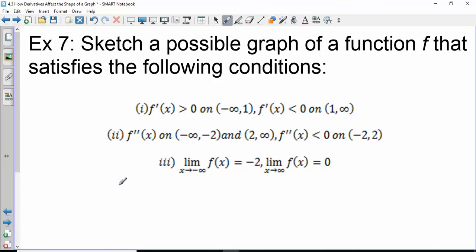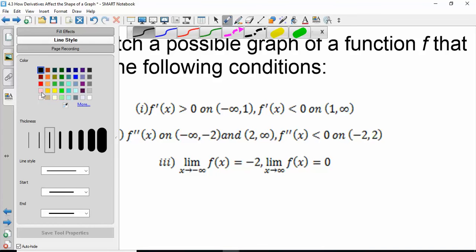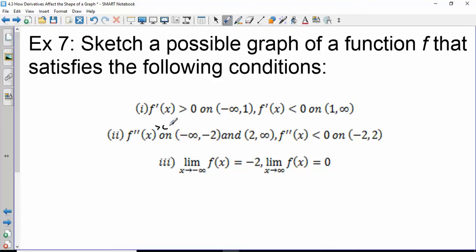Alright, let's try to draw a graph that meets all of these requirements. And there is a typo on this. The second condition should say f double prime is greater than 0.